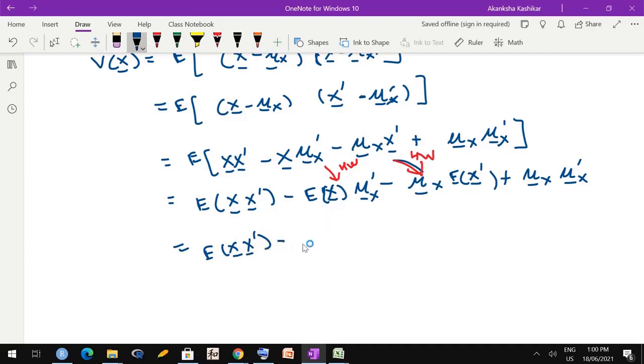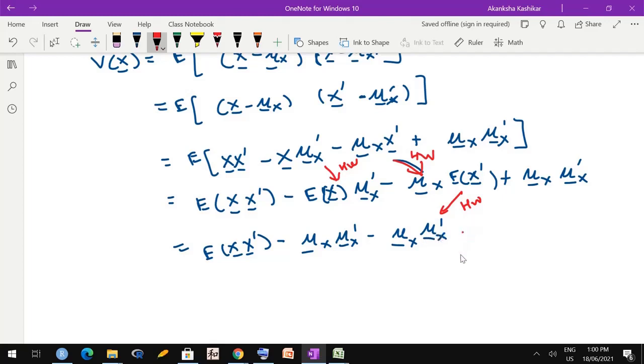So the expectation of x would become mu x, so this gives mu x mu x prime. Similarly, this would become mu x mu x prime, and now the expectation of x prime I can write as mu x prime. This is the third homework. Expectation of the transpose of a vector, you have to prove, is the same as the transpose of the expectation of that vector.